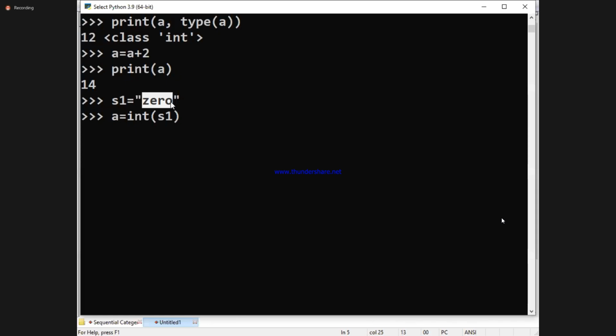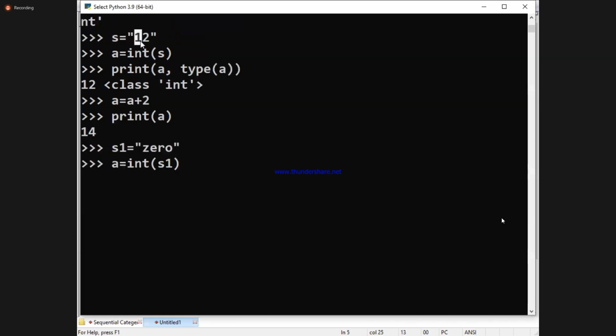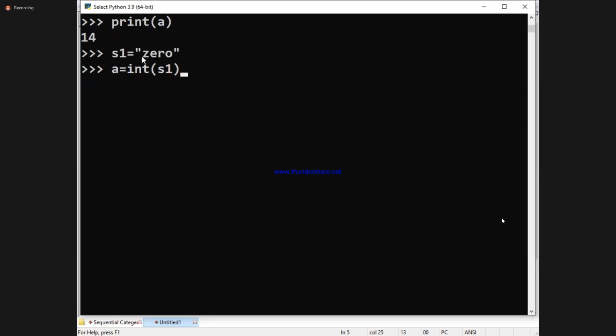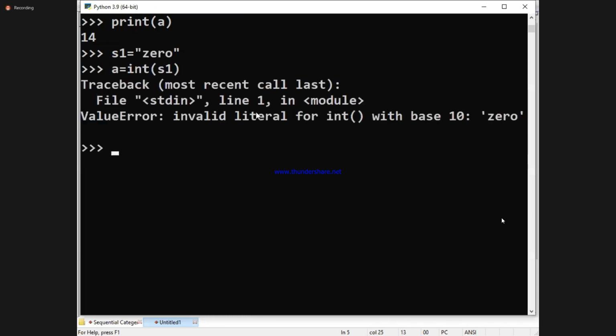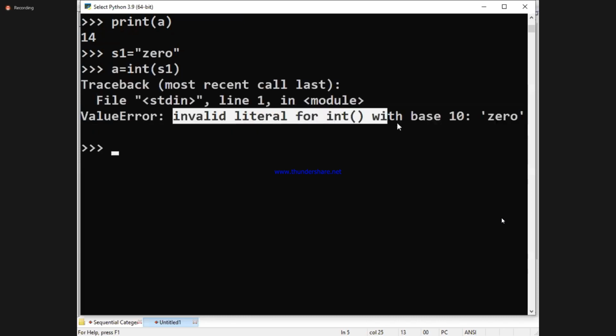What is this 12? A numerical string. A numerical string can be converted into int type. But this is called a pure string. It is a word. Can I convert it into an integer? You cannot convert. See the error that is coming: invalid literal, which is not base 10.